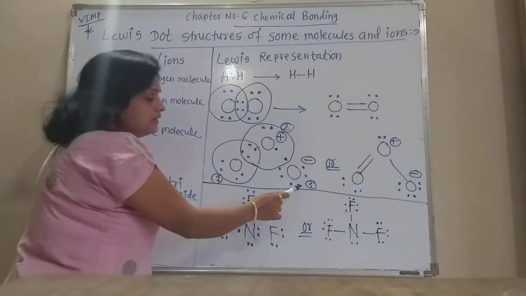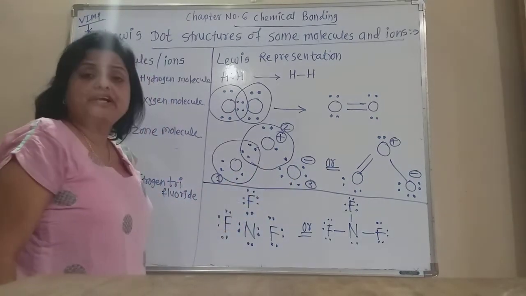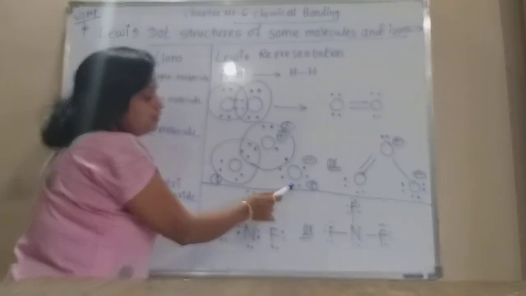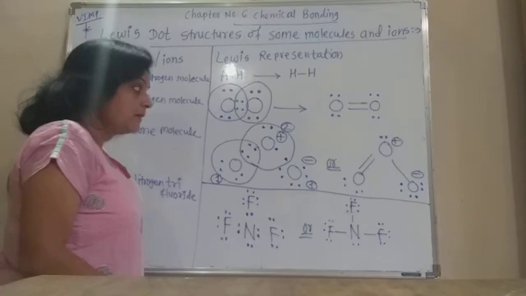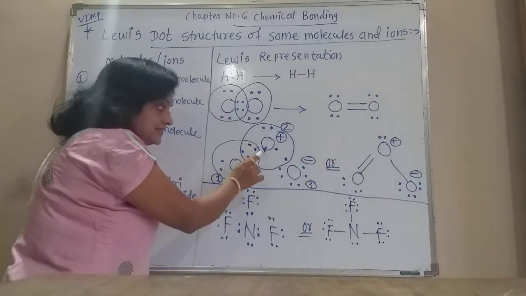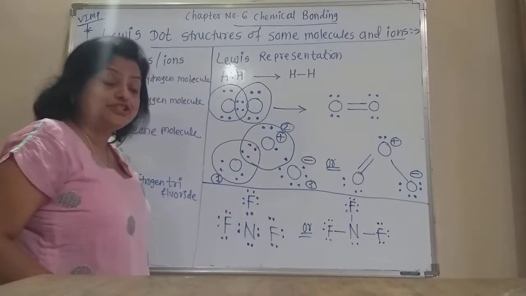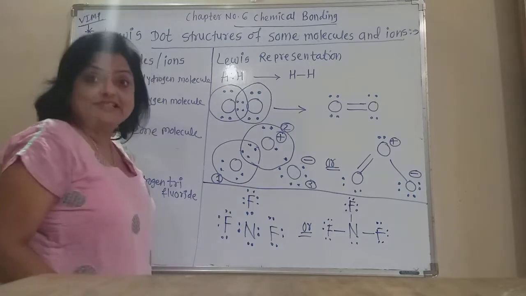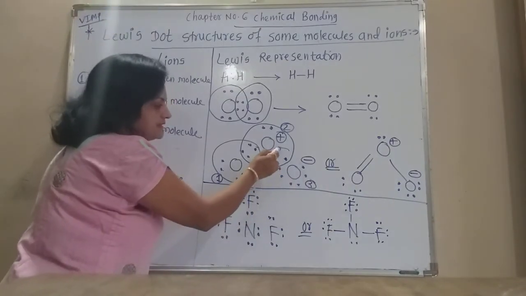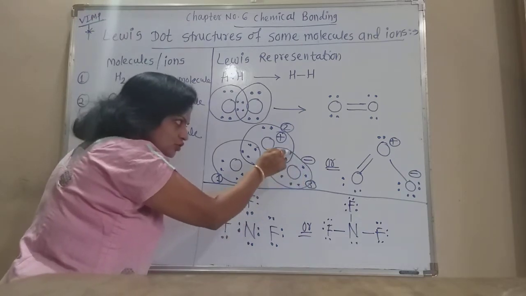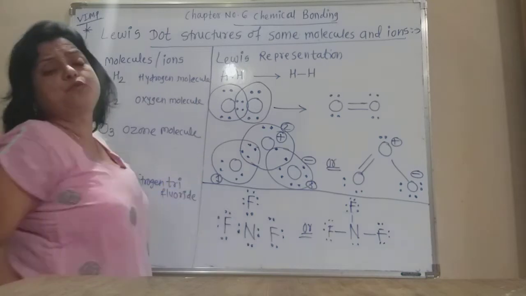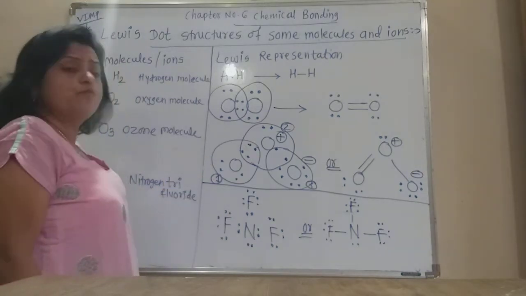Now see, on the third oxygen I have shown a negative charge, because this oxygen has only 6 electrons of its own, 1, 2, 3, 4, 5, 6, but for the single bond, this electron is taken from the second oxygen. So an extra electron is there. It also completed its octet, 1, 2, 3, 4, 5, 6, 7, 8. But the extra electron comes from the second oxygen atom for bonding.